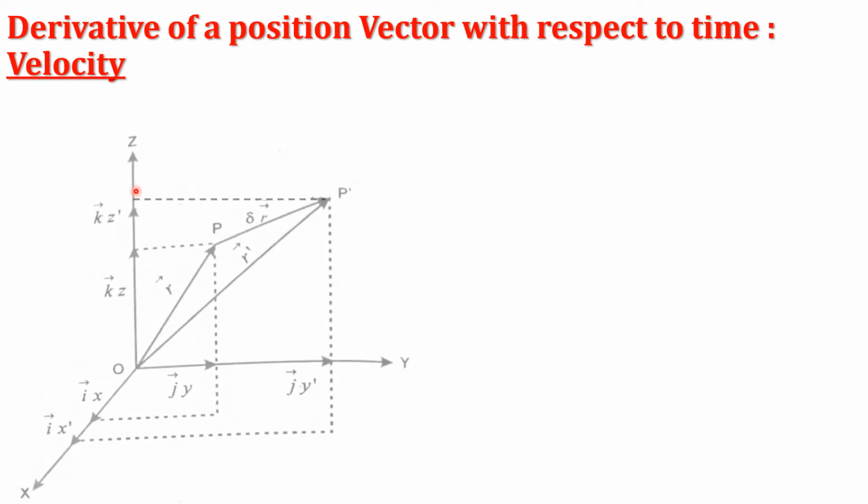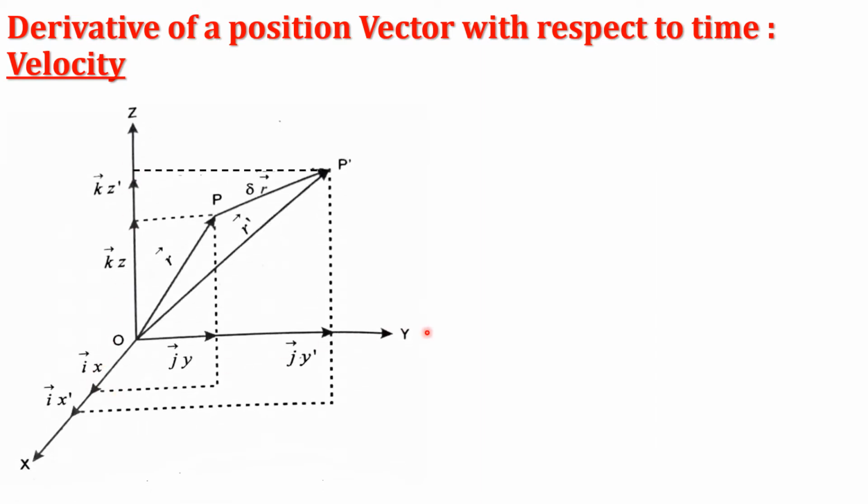We consider a three-dimensional space along the x-axis, y-axis and z-axis, and in that space we choose a point P. Then its coordinates at that point are x, y, z at time t.